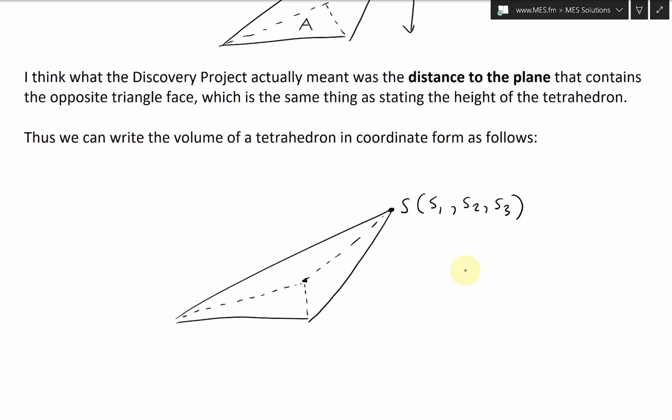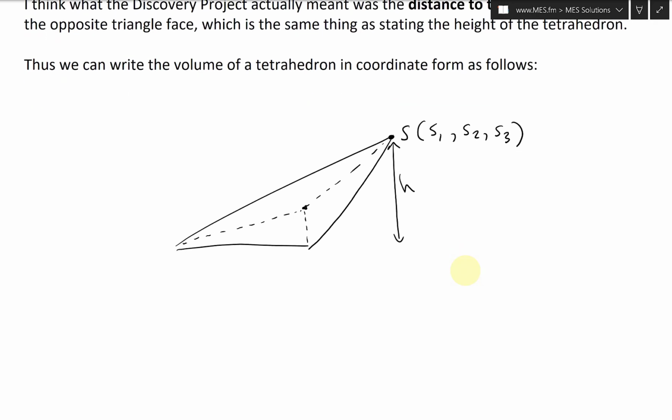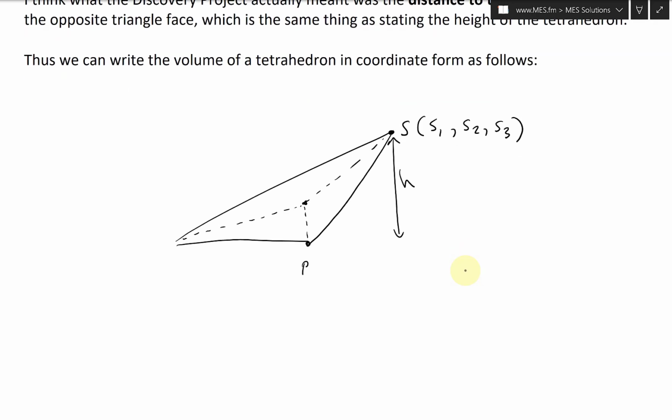And then the height here, or the distance to the plane that contains this face right there, is going to be our H, like that. And then this point right here is our R, with coordinates R1, R2, R3.